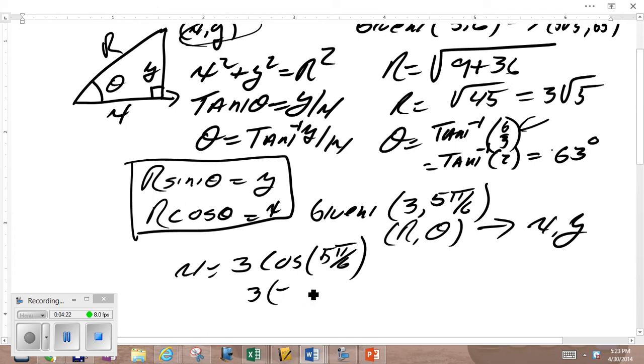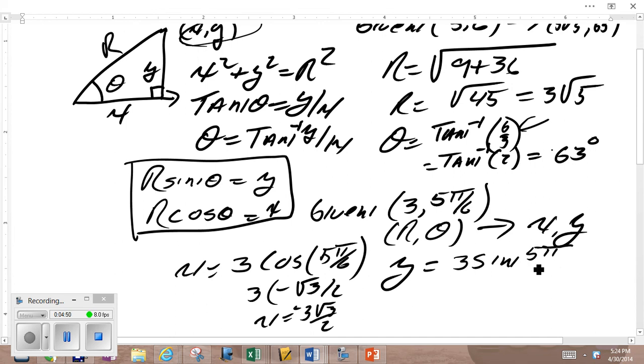Reference angle is pi over 6. For cosine, that's root 3 over 2. So it looks like the x coordinate is negative 3 root 3 over 2. The y coordinate is equal to r sine theta. So that's equal to 3 sine of 5 pi over 6.